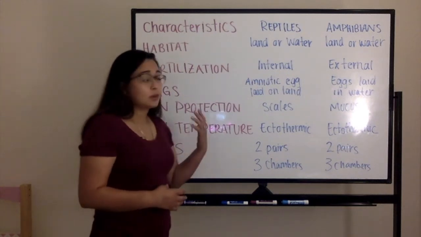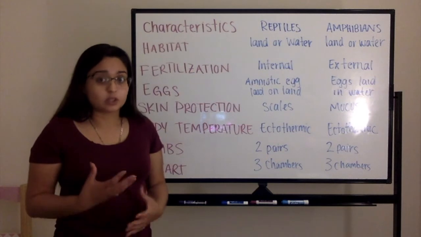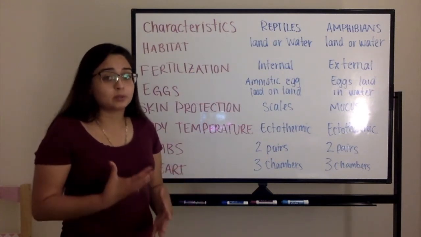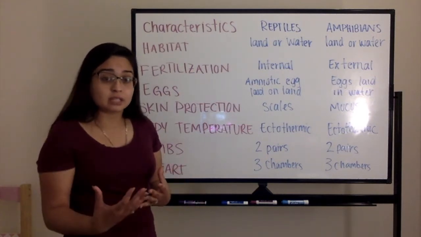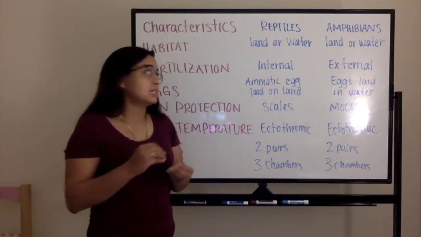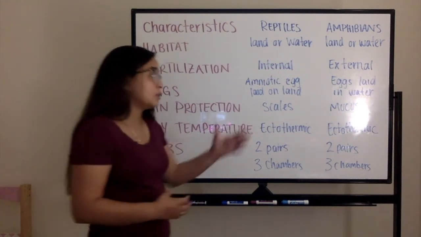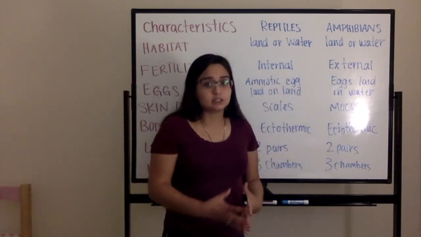Fertilization. For reptiles, the fertilization of an egg, so when they reproduce, whenever a male sex cell and a female sex cell meet, it fertilizes internally inside of the body. For the amphibian, it is externally.